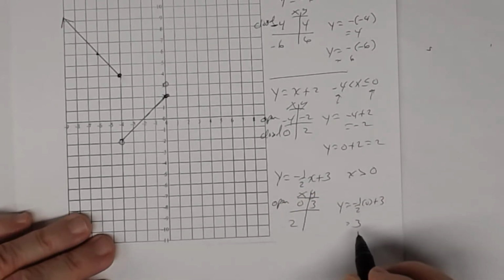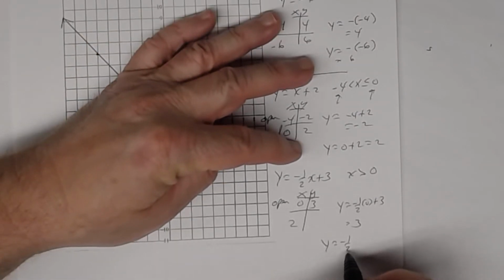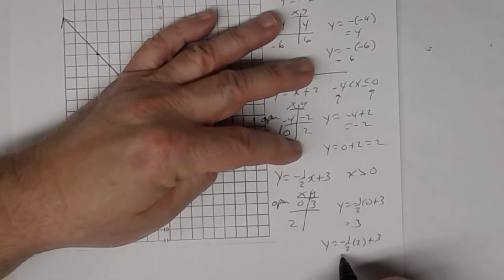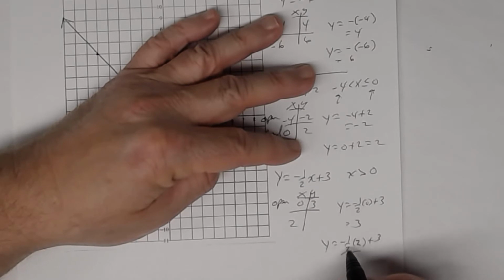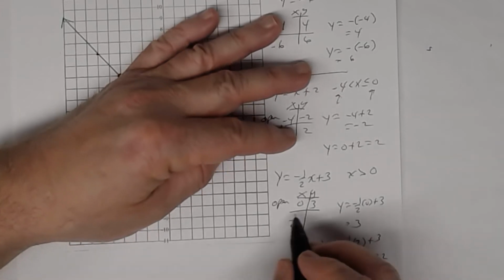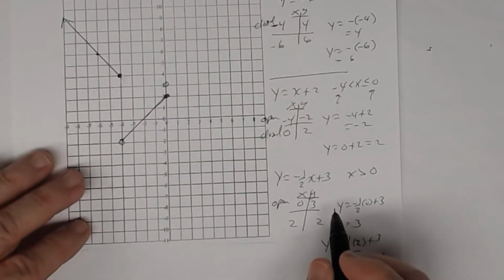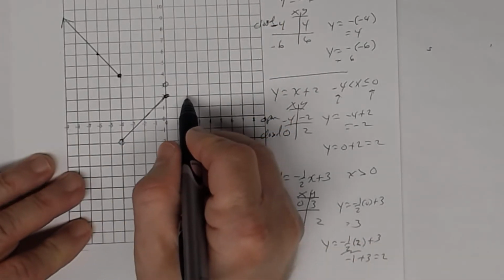So if x is 2, I get y equals negative 1/2 times 2 plus 3. And remember, I chose a nice number because I was multiplying it by negative 1/2. So I chose an even number. So negative 1/2 times 2 would be negative 1. Negative 1 plus 3 is 2. So I'll plot the point 2, 2, which is right here.